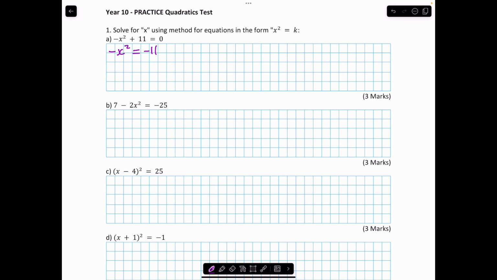Get rid of the negative sign. So what's the opposite of timesing by negative 1? Divide both sides by negative 1. And so that's going to leave you with x squared is equal to 11. And so with the rule, because k, 11, is greater than 0, x is going to be plus or minus the square root of 11.